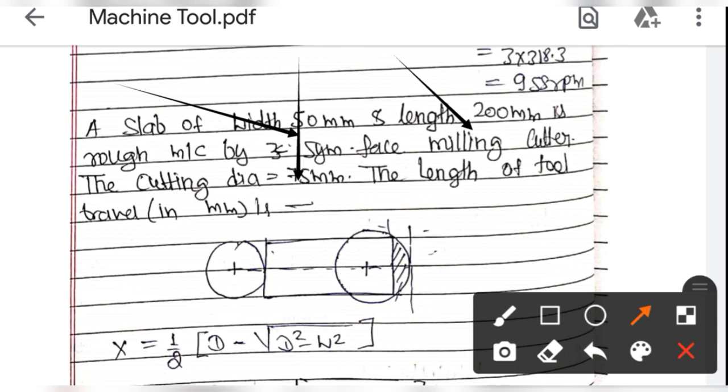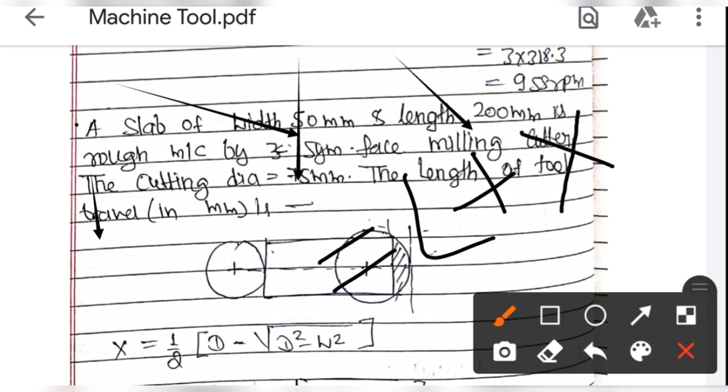We know the tool has to move the length of the workpiece plus the compulsory allowance. The combination of these two will be the length of tool travel, which is the effective length. So length we know, and we need to find only X.